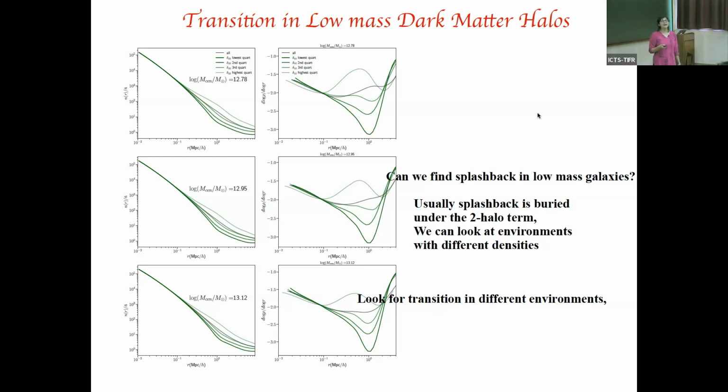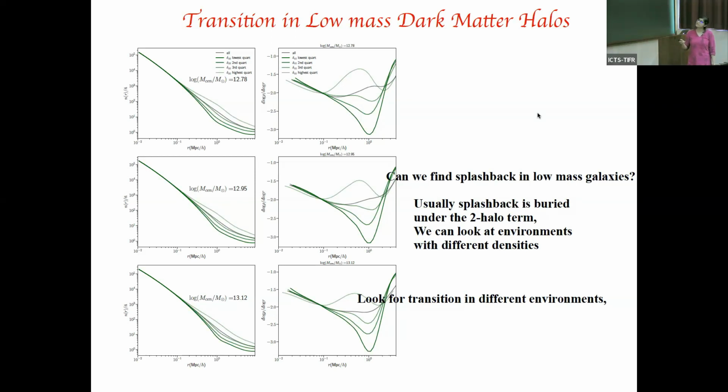It's harder to do that because these halos are typically in the environments of other halos, and their infall transition, that break in the profile, is really buried inside the 2-halo term. But one way to look for it is to look at low mass galaxies in different environments.